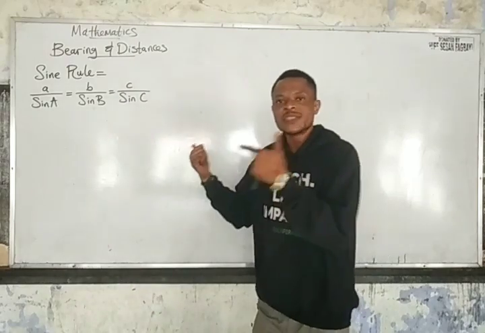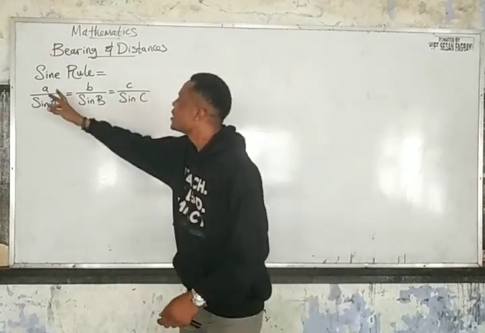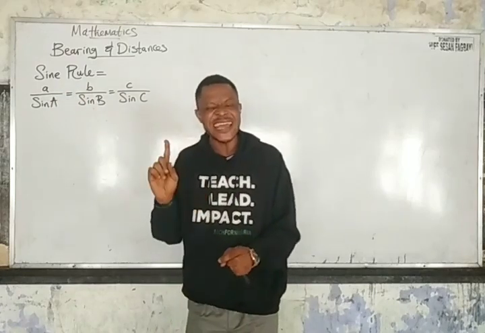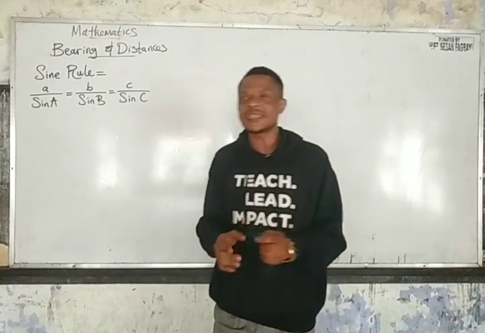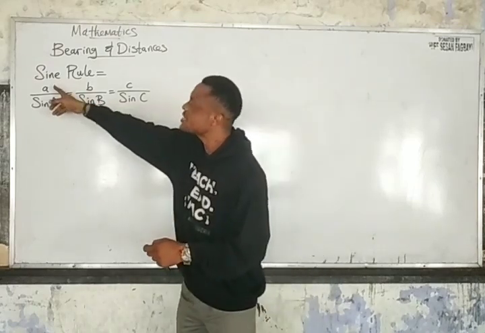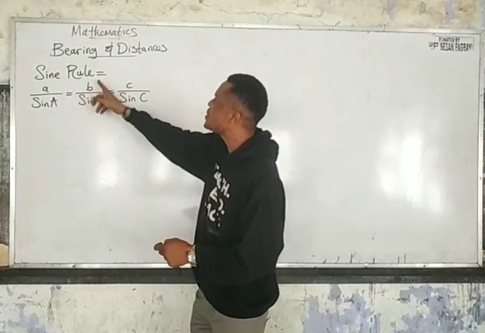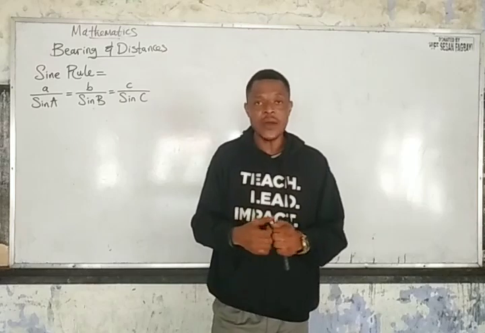Of course, we start with the sine rule. The sine rule is simply stated here: a over sine A equals b over sine B, and finally equals c over sine C. This implies that the side opposite an angle, over the sine of that angle, is the same thing as b over sine B, and finally c over sine C. How do we implement this?